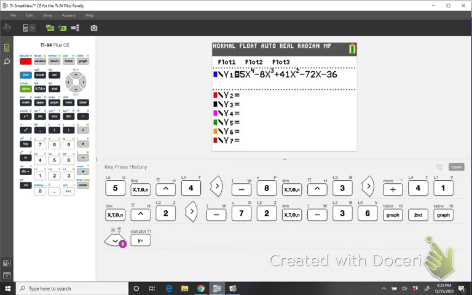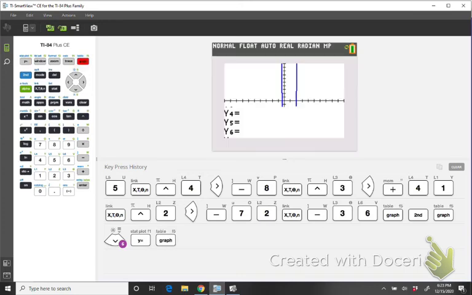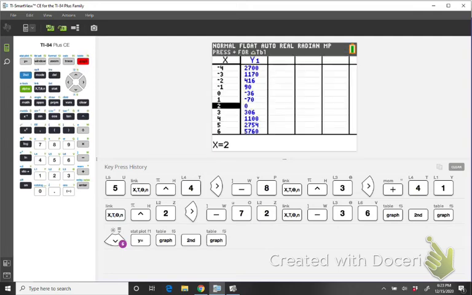I'll tell you what to look for. So if I go graph, here's what it looks like. You can't see the whole graph, but it definitely crosses the x-axis at 2. If you're not sure, you can go second graph and look at the table, and the y value is 0 at 2. So 2 is definitely one of the roots.